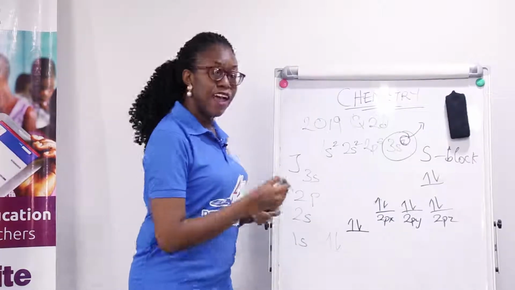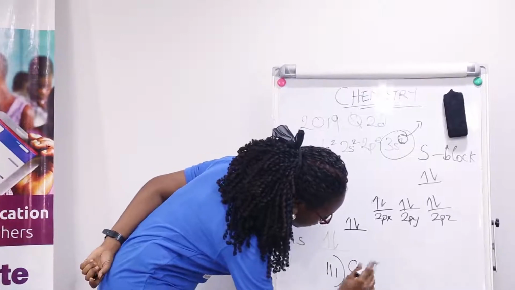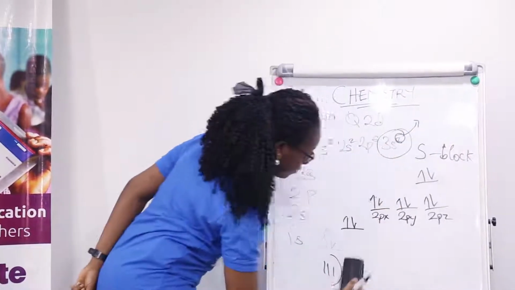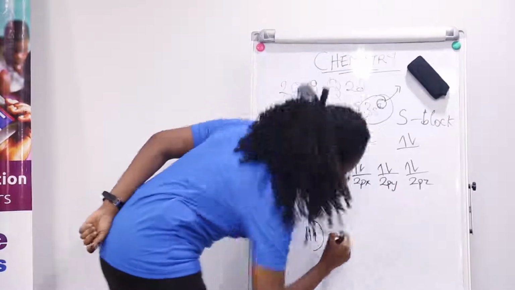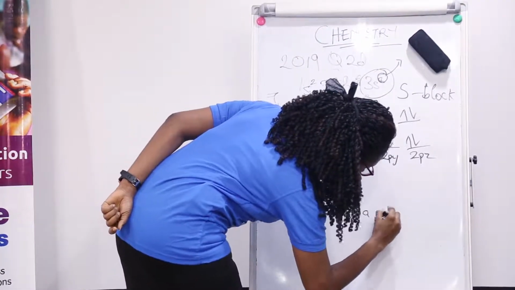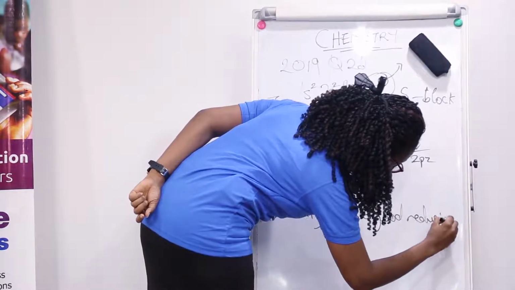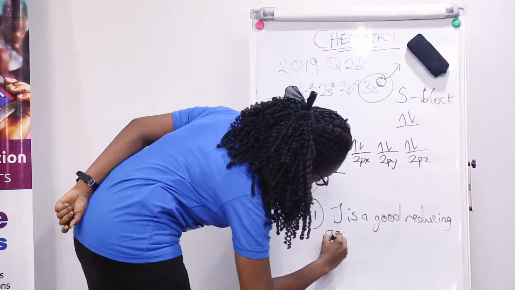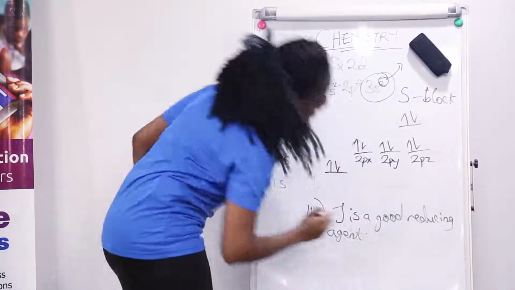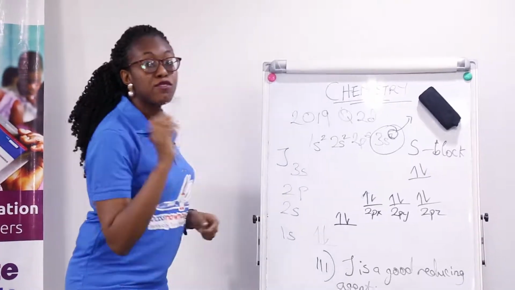Hence, J, according to III, is a good reducing agent. Do you understand? Now, let's go to our next question.